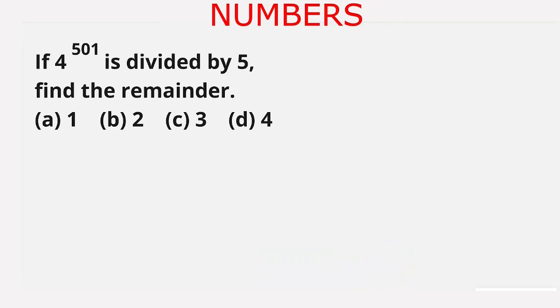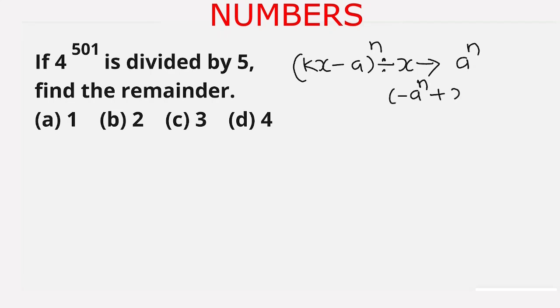As we know that (kx minus a) to the power n, when divided by x, leaves remainder a to the power n when n is even, and minus a to the power n plus x when n is odd. Here n is 501, which is odd. So 4 to the power 501 can be written as (5 minus 1) to the power 501.